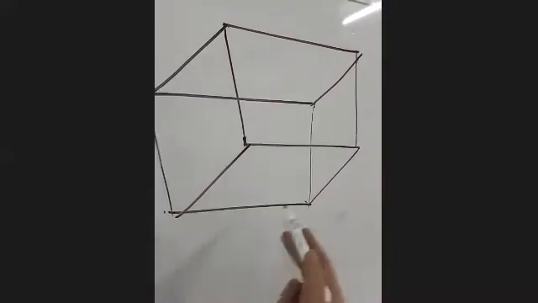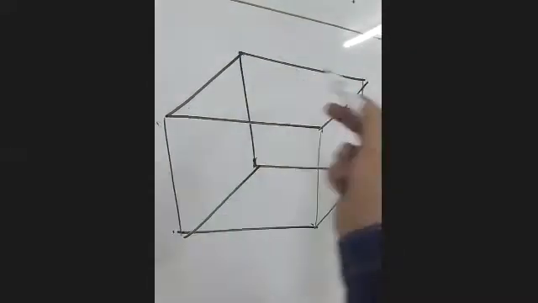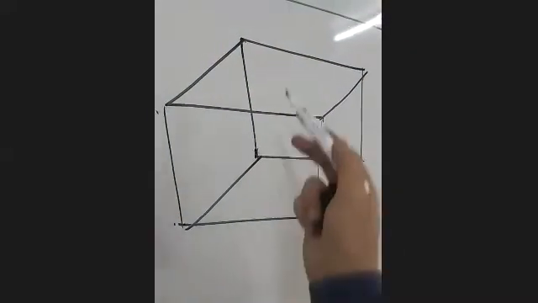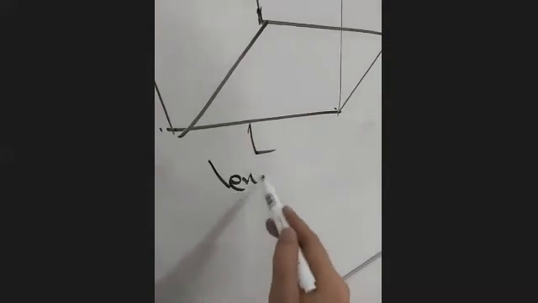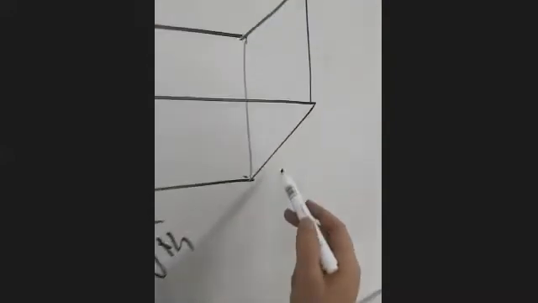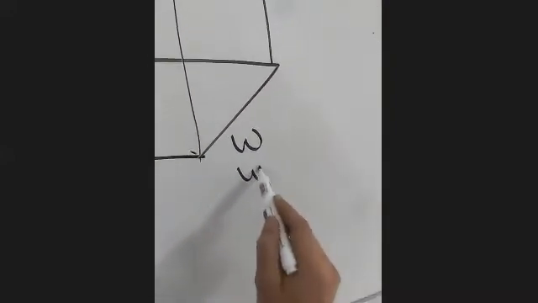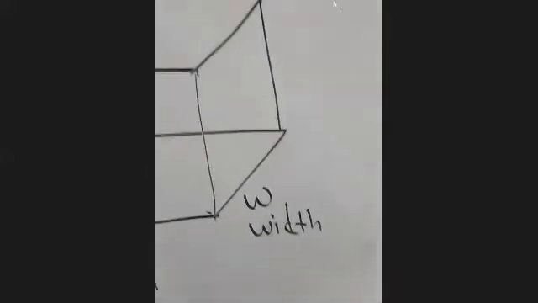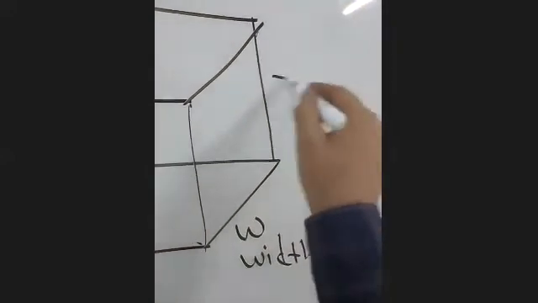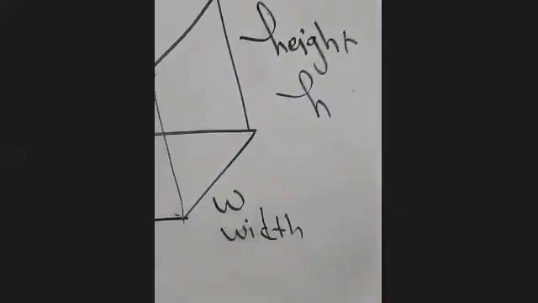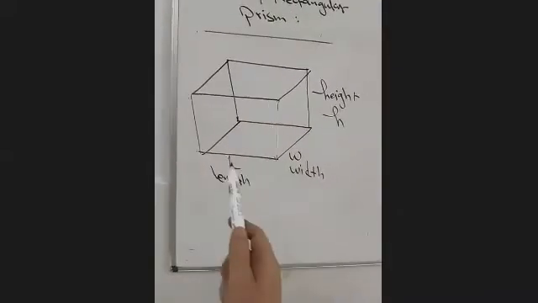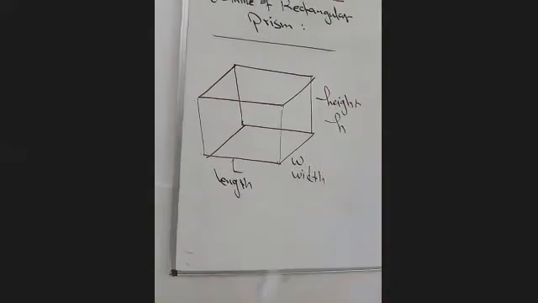The floor and the roof. It has 3 dimensions. Length, width, and height. So length, width, and height.